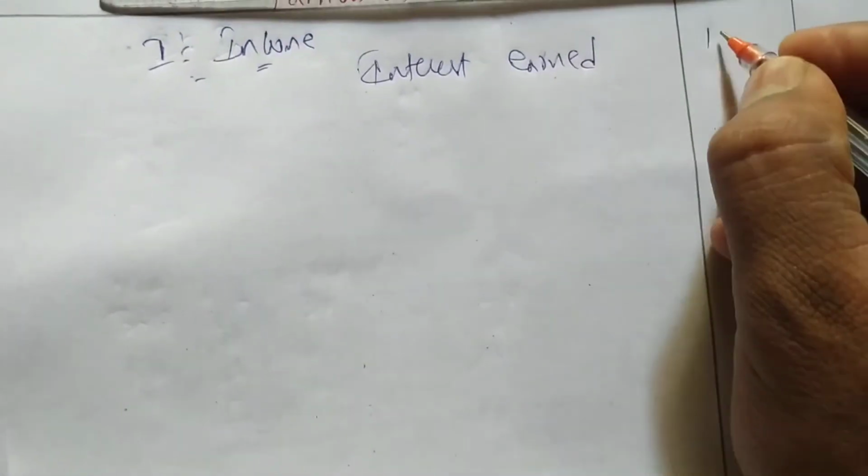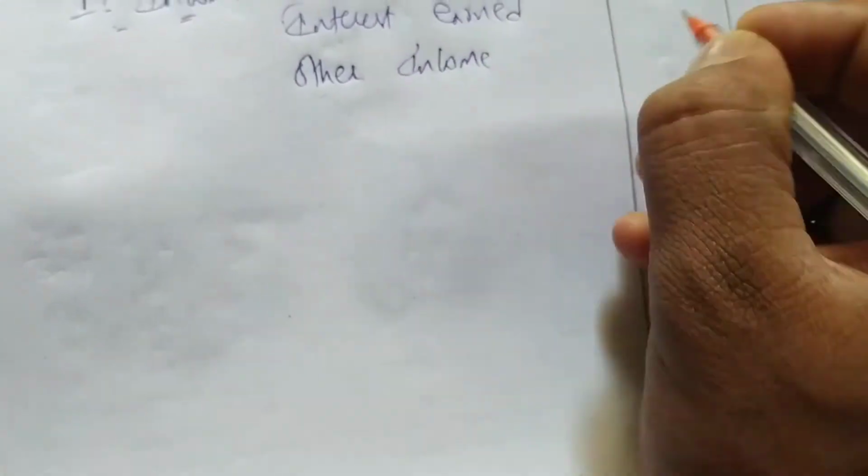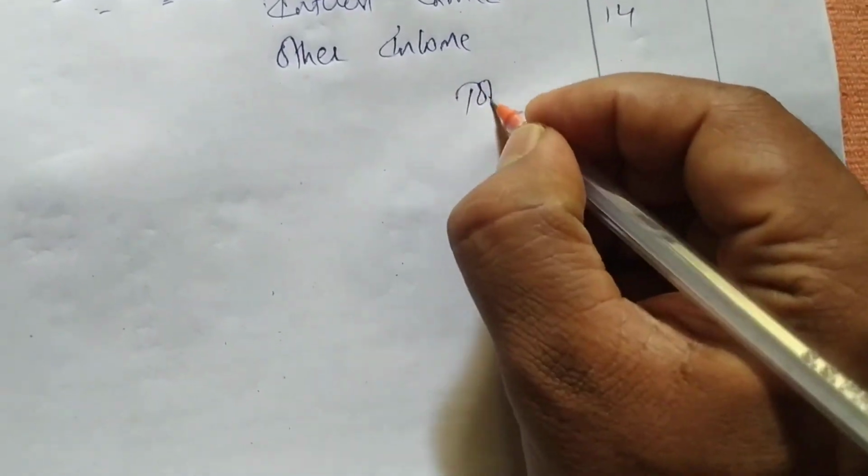So first Roman number 1 is income. Interest earned, schedule number 13. Other income, schedule 14. Total 1.